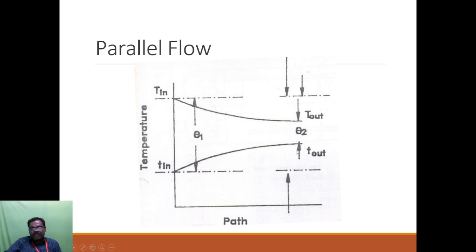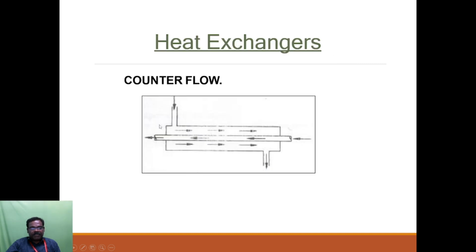The hot fluid rejects heat, and the cold fluid absorbs the heat. So this is called a parallel flow heat exchanger.